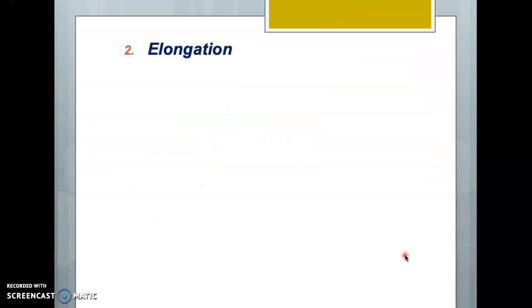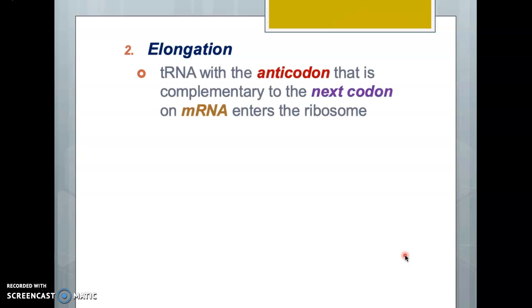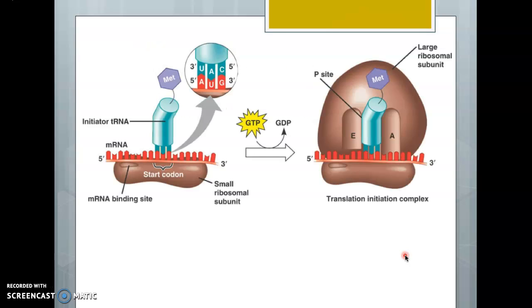So the next step in translation is elongation. This is where the protein is made, where the amino acids are linked to each other. Let me go through it with the words first, and then we'll take a look at the picture. So if you noticed, let's go back a step. If you noticed, this spot in the ribosome is empty.